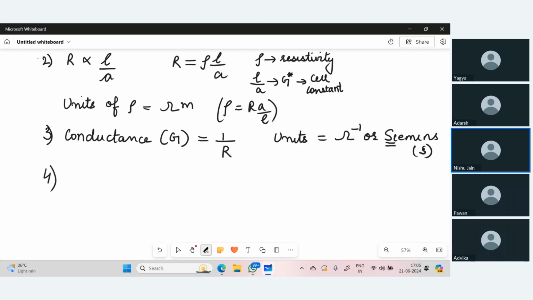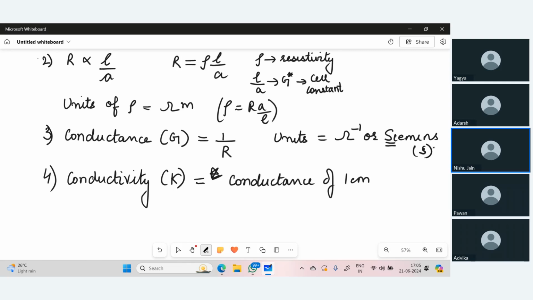Now next thing is conductivity. Conductivity is denoted by kappa, or K, you can say K also. Conductivity is kappa. How will you define it, its definition is very, very important.